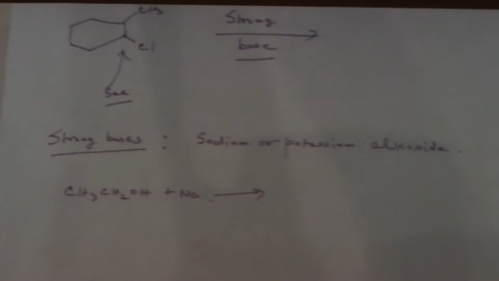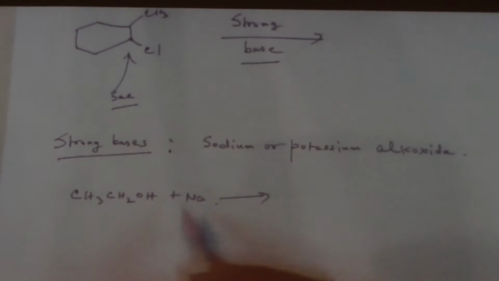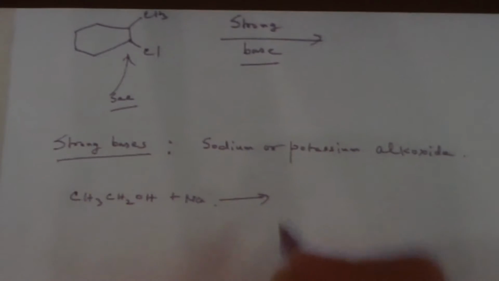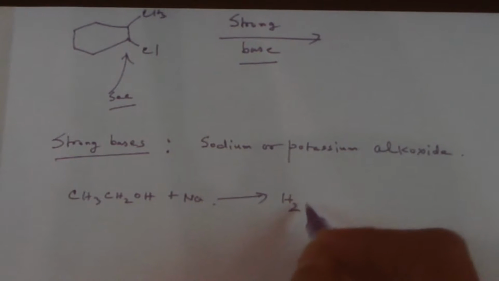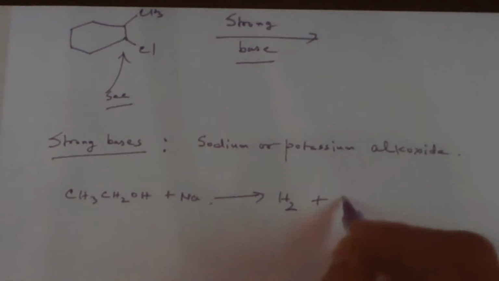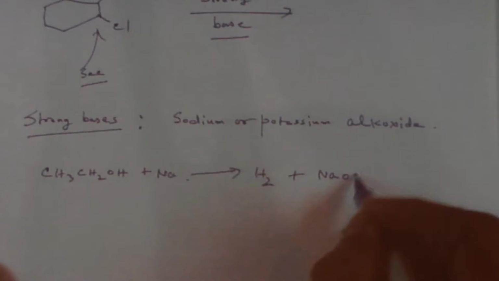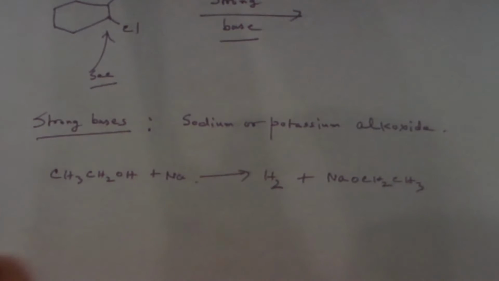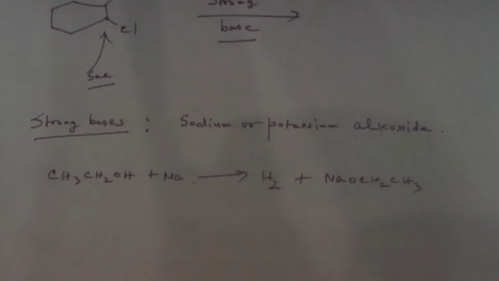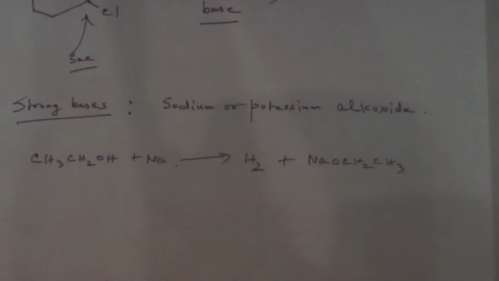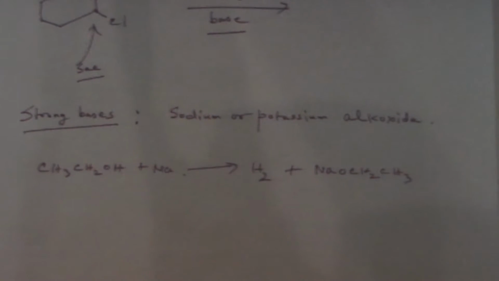What is happening is the sodium is reacting with the alcohol moiety and giving out H2, which bubbles out, and it's forming a sodium salt, NaOCH2CH3. You can also write it the other way around, which is CH3CH2ONa.